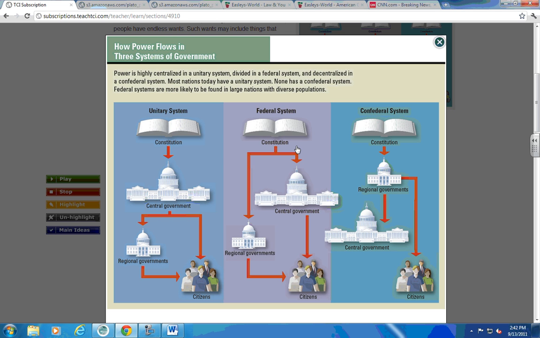You have the United States Constitution, and then every state has their own individual constitution. So therefore, the U.S. Constitution has power over the regional governments. Jefferson City has to follow the U.S. Constitution. But the U.S. government also has to follow the U.S. Constitution. But then the regional governments have their own constitutions that govern them. And they all have influence over the citizens.